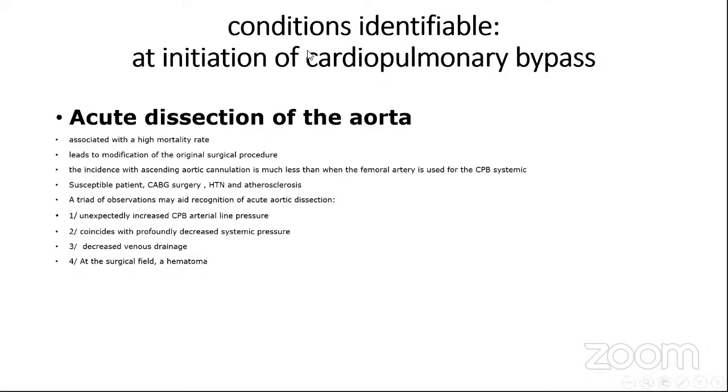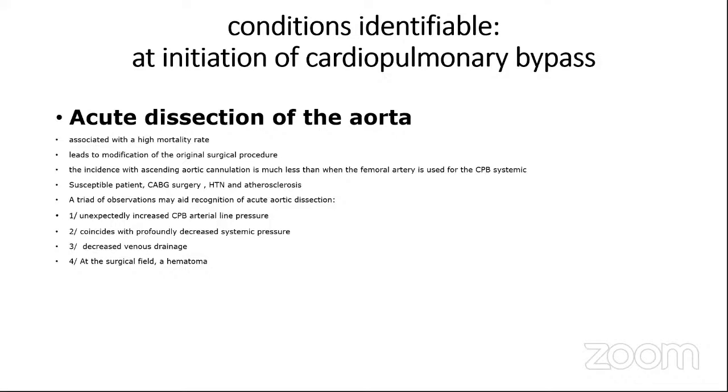So the first condition, acute aortic dissection, is associated with high mortality, leading to modification. Once it happens, it can modify the original surgery. Let's say we are going for CABG, then we end up replacing the ascending aorta or Bentall if it cannot be repaired.